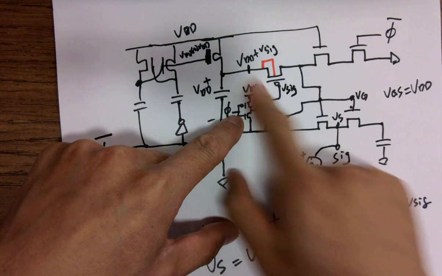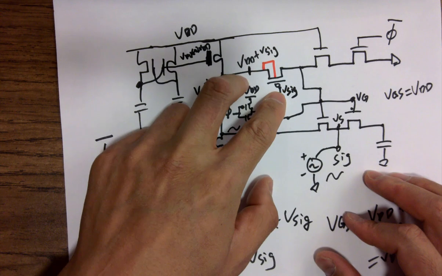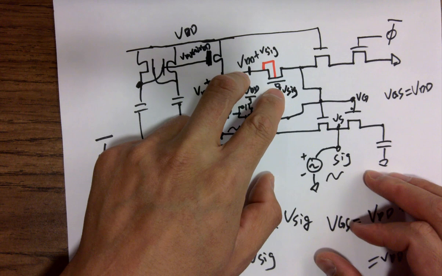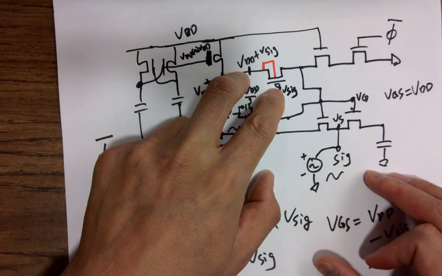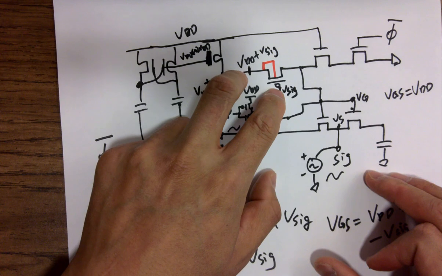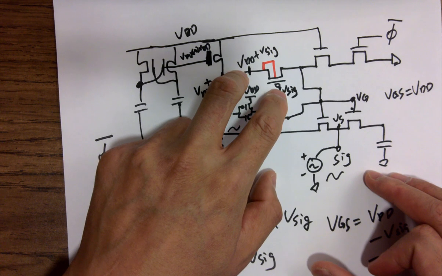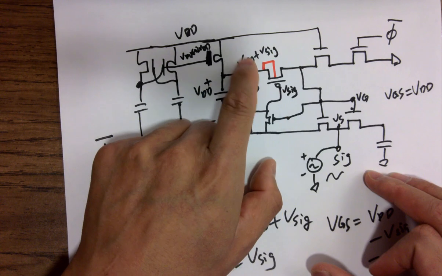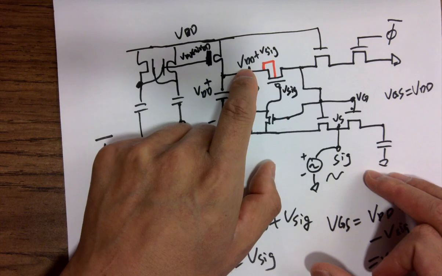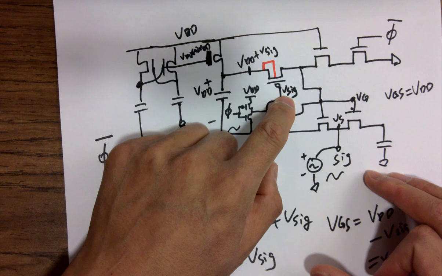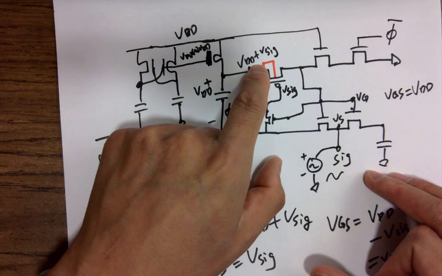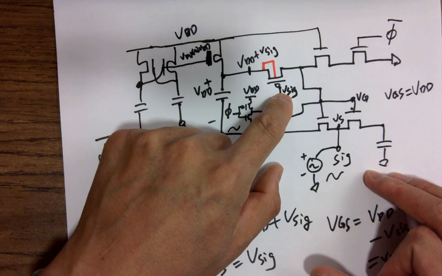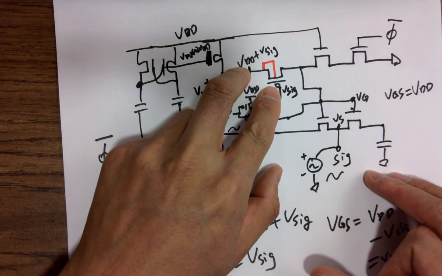So what's the VSG of this PMOS? The VSG would be VDD. Right. Is it on or off? It's on, right? So this is different. We always use a 0 gate voltage to turn on the PMOS, but now, because we have a larger source voltage, you can have this one not at 0, but still have this on, because VDD plus Vs minus the gate voltage as VSG for the PMOS is going to be what?